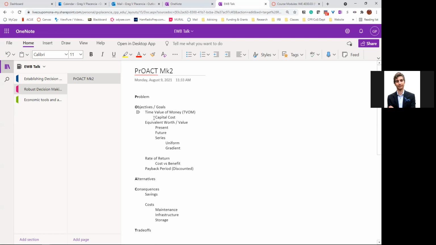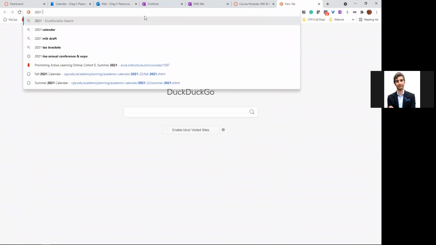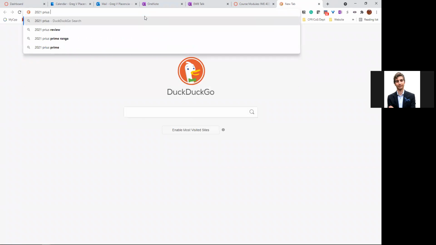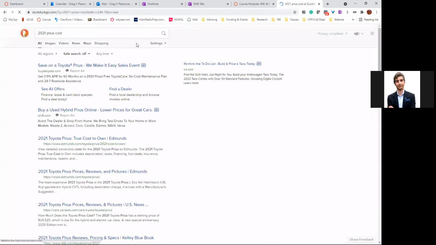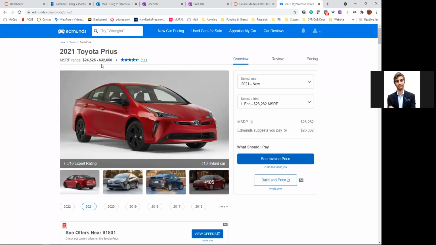For example, let's go check it out. If I wanted to buy a 2021 Prius, it's going to be somewhere between 24,525 and 32,650, depending on what we get in the Prius.